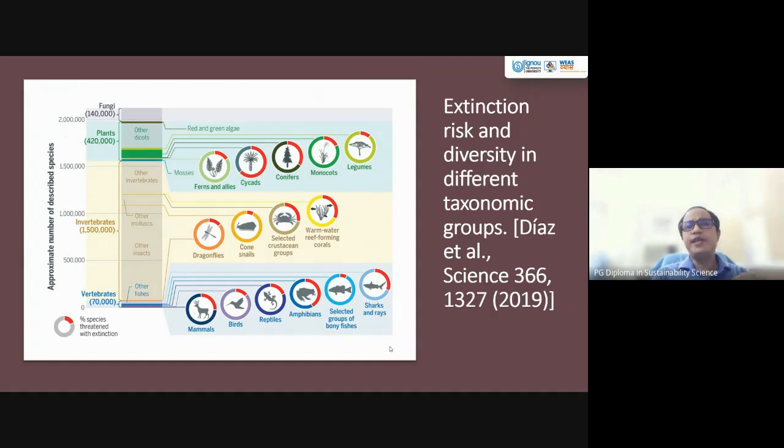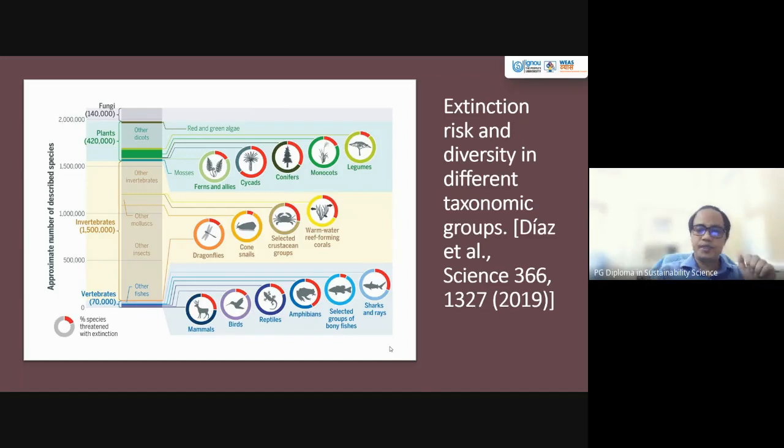If you look into a publication in Science by a group of authors in 2019, in this figure they have summarized how much we have lost, even counting only the identified species. This is the status, right? So you will find here that about 25% of species are threatened with extinction.